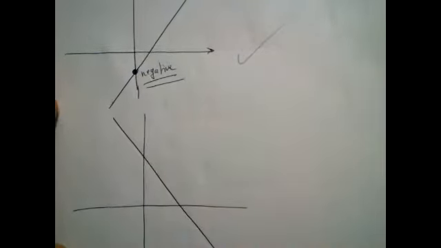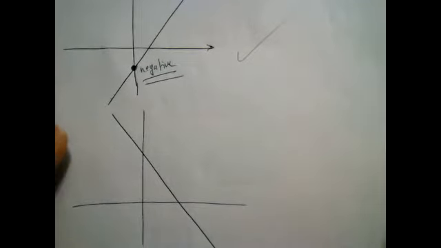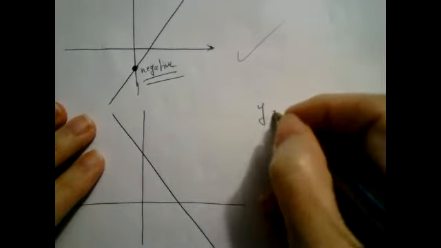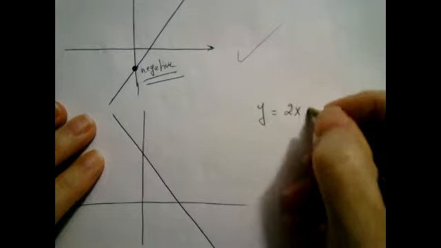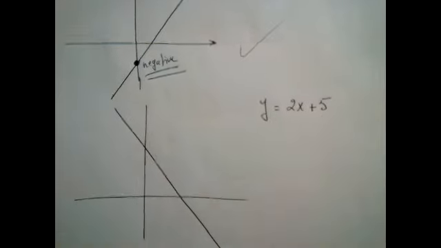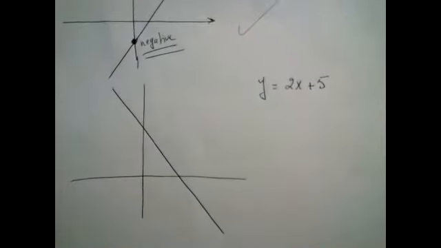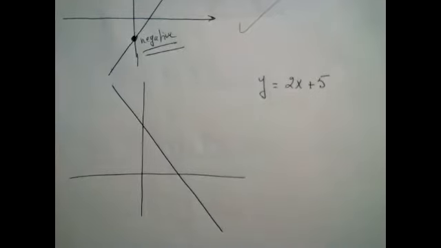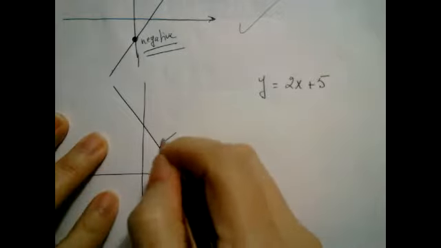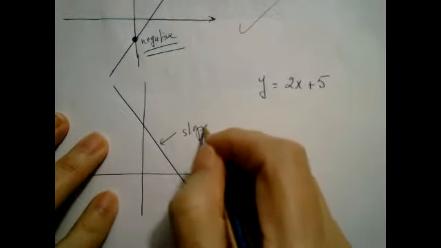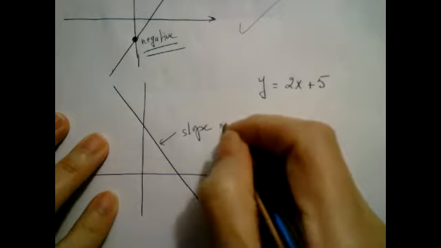A student wrote for the equation 2x plus 5. Immediately, how should the student see that his answer is wrong? Exactly, the slope. Here the slope is negative.